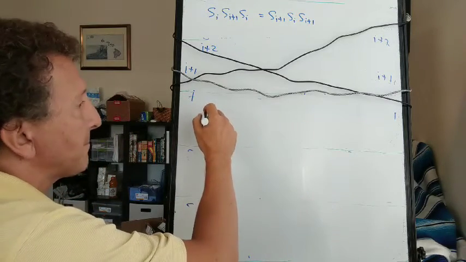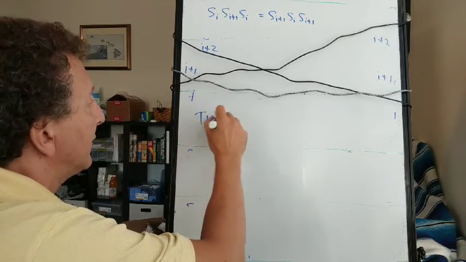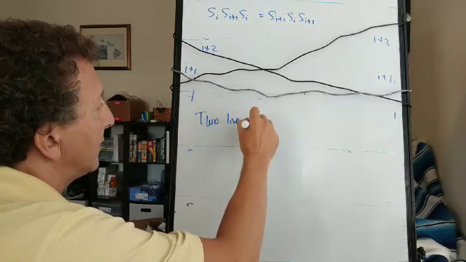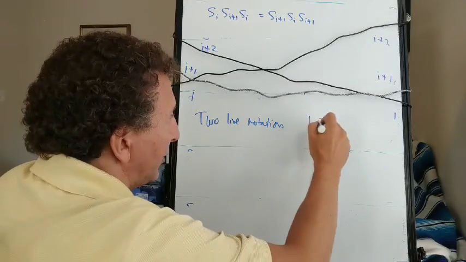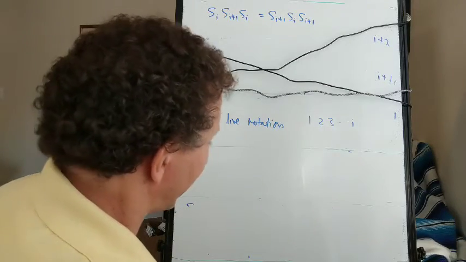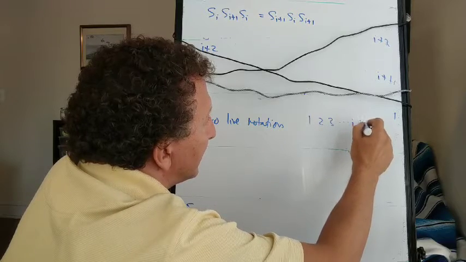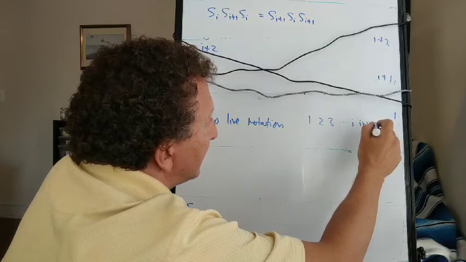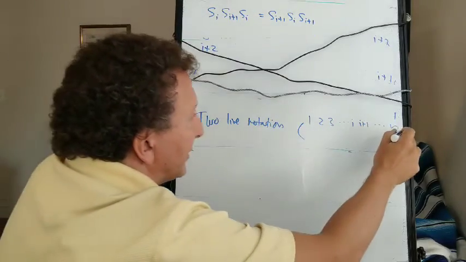So the notation I've been writing is called two-line notation, where we have 1 through n on the top, and 1 through n on the bottom in some other order.